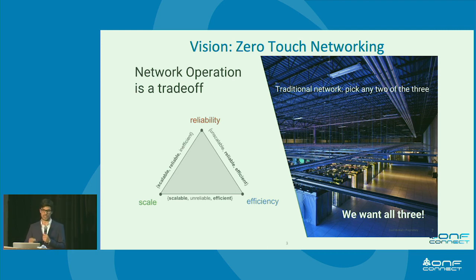But you can never hit all three in the existing networks before Google started this effort, and that's their vision. They want to have networks that are scalable, reliable, and efficient at the same time. They don't want to pick two of three. They want all three of them. And this is something that really started us thinking, how can we do it with the new version of ONOS?